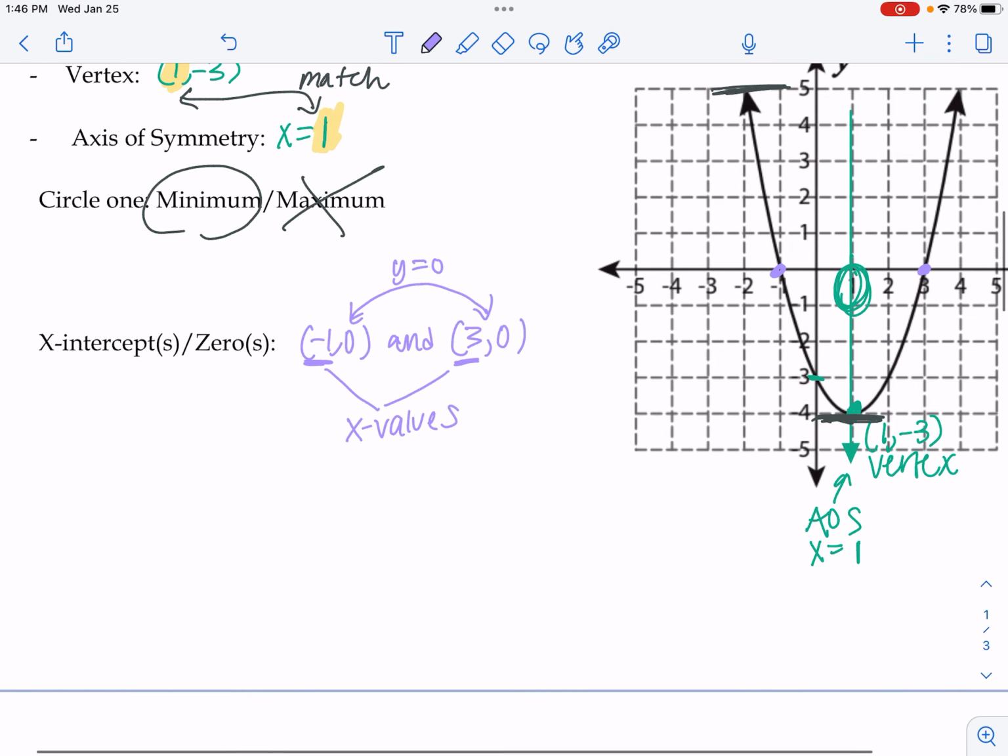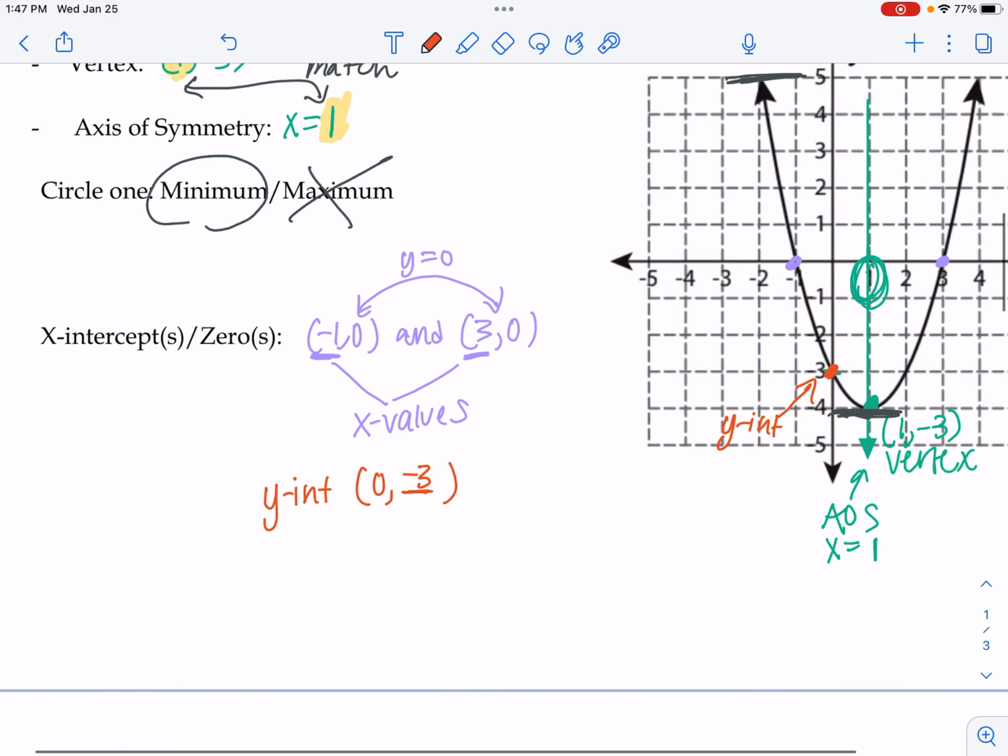Whereas the y-intercept, which will be on your exit ticket, so let's go ahead and fill that in. The y-intercept is a y value when x is 0. So in this case, 0, -3.